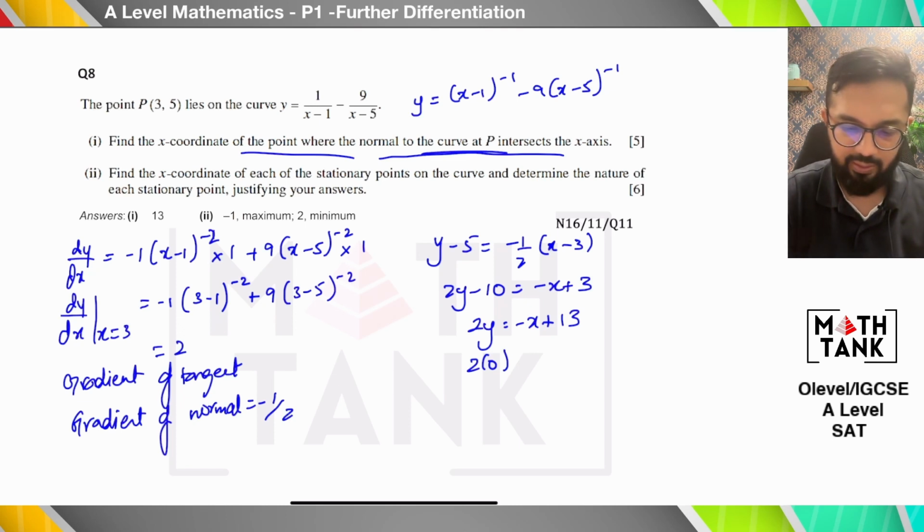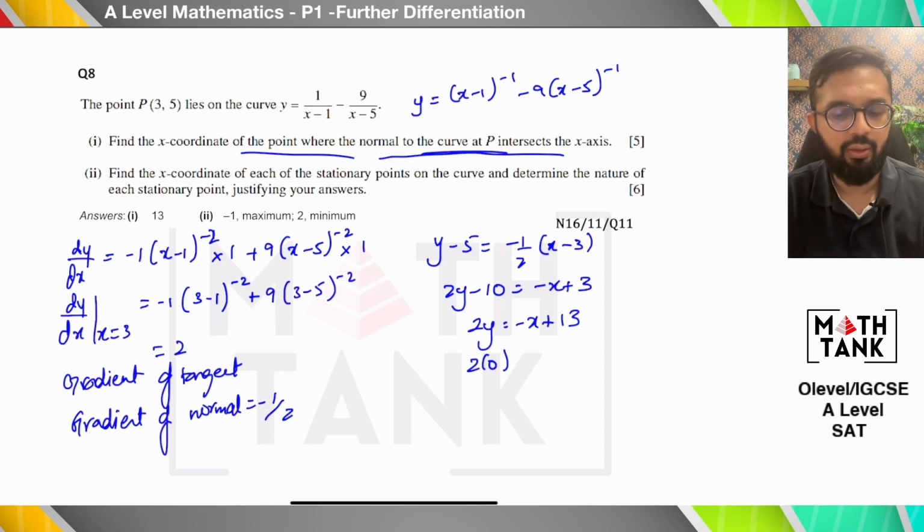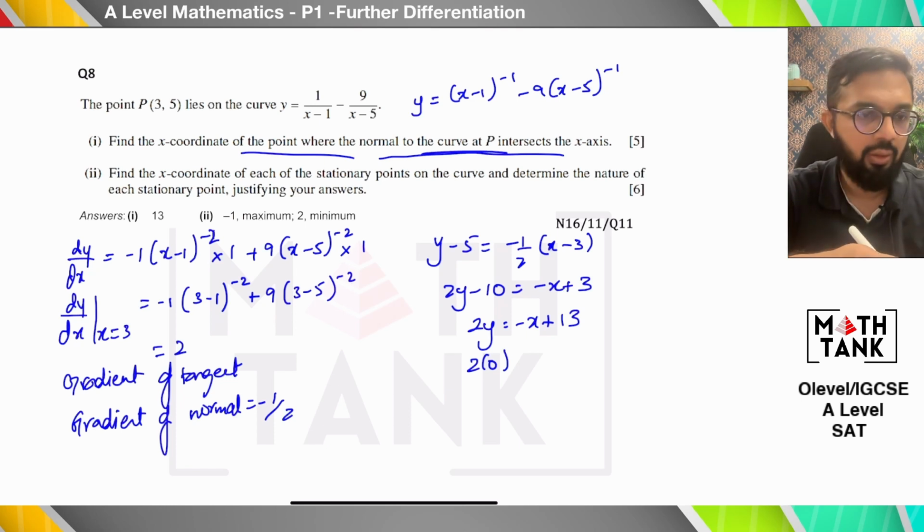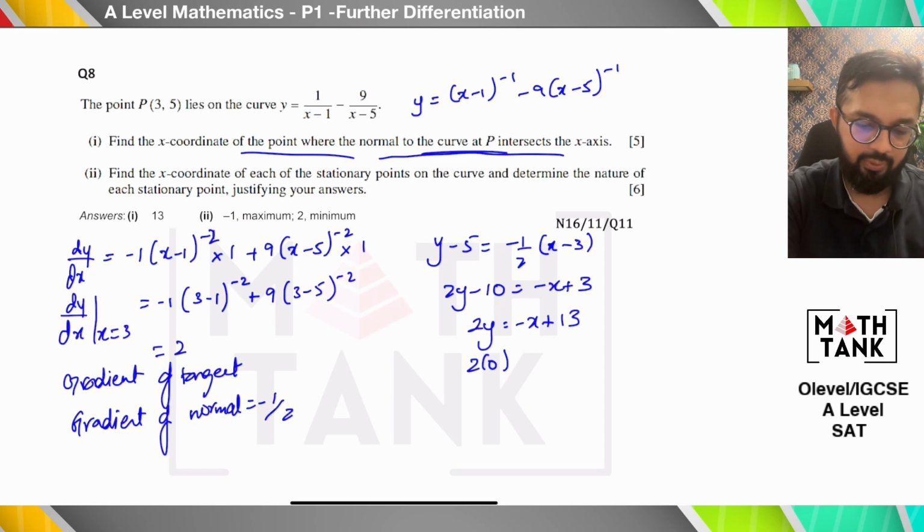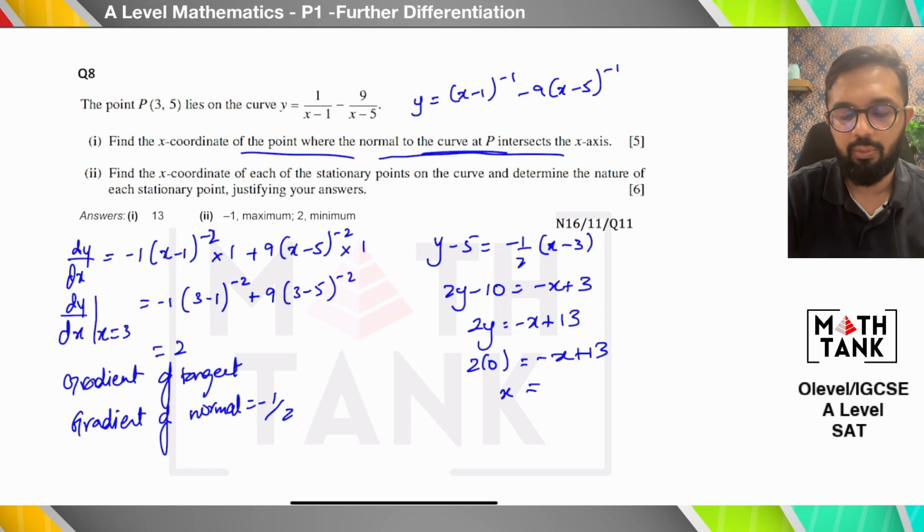So 1 over 8 plus 9 over 8 over 8. Just checking if my calculations are correct. Okay, no, that's fine. So x equals 13. I didn't notice the negative sign.